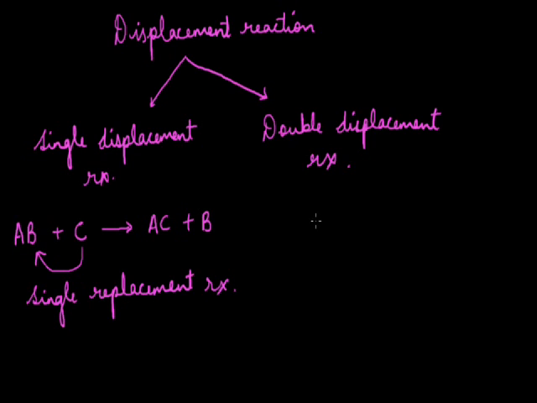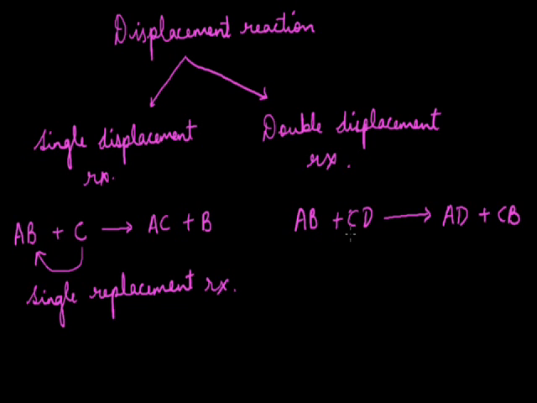Whereas in the case of double displacement reaction, we will see that there are two compounds AB plus CD. Here the formation of AD plus CB will occur.